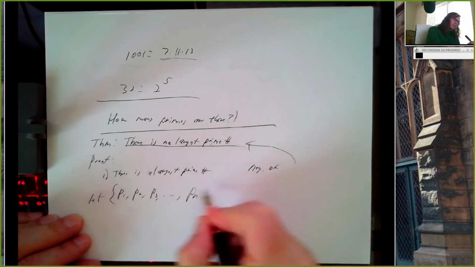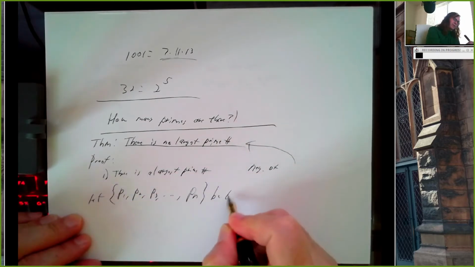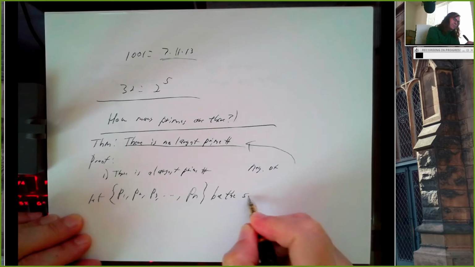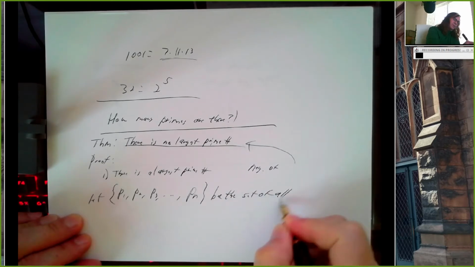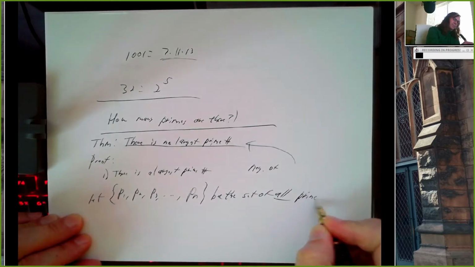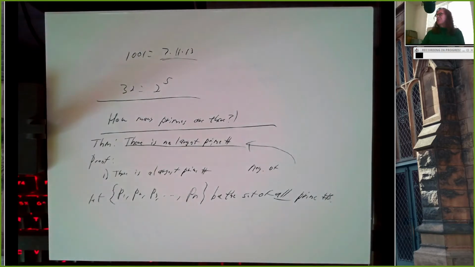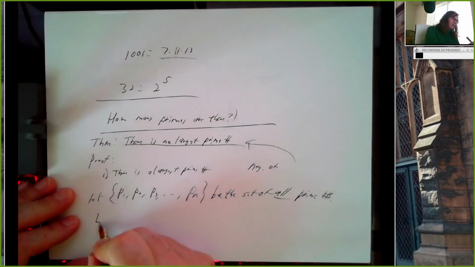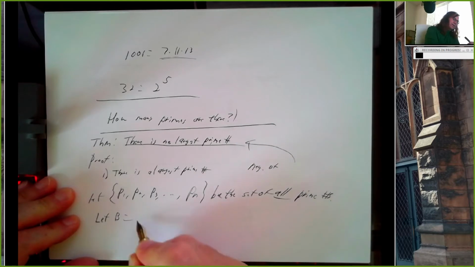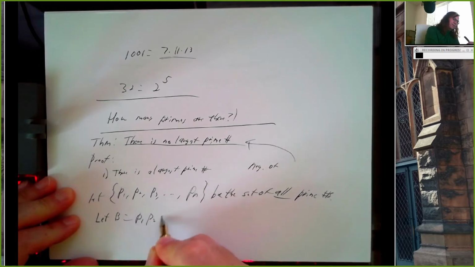So let this be the set of all prime numbers. That's our assumption, and we're going to argue to a contradiction. And the contradiction is really easy. Let's just let B, for bad, be the product of all of these, plus 1.